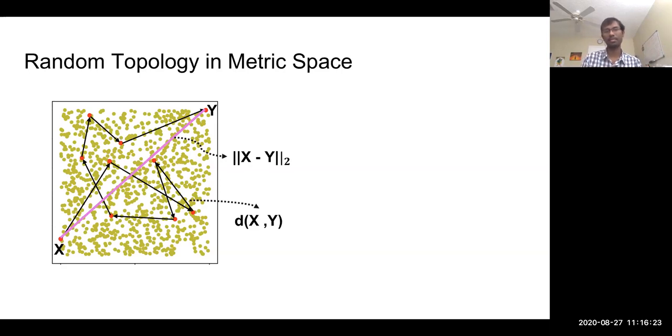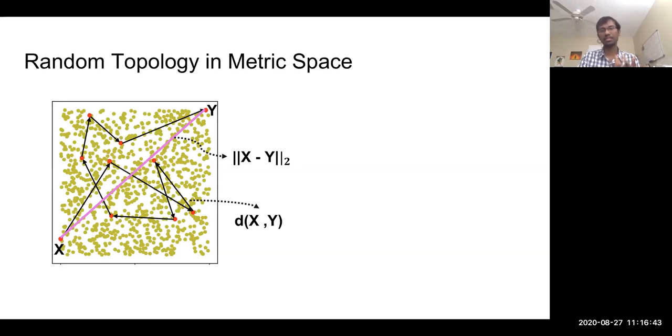The black path shown here is the shortest path from x to y on this random topology. And this pink line here is basically just a straight line connecting x and y. And we can ask by how much does the black path length exceed the length of the pink line?